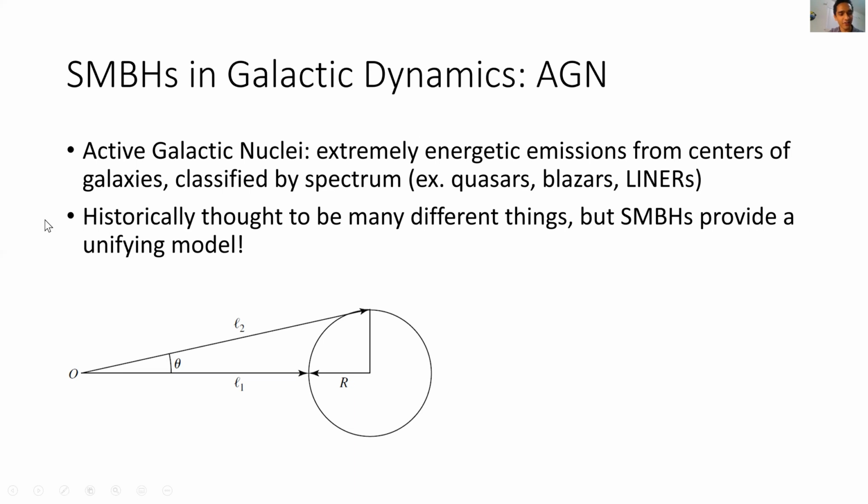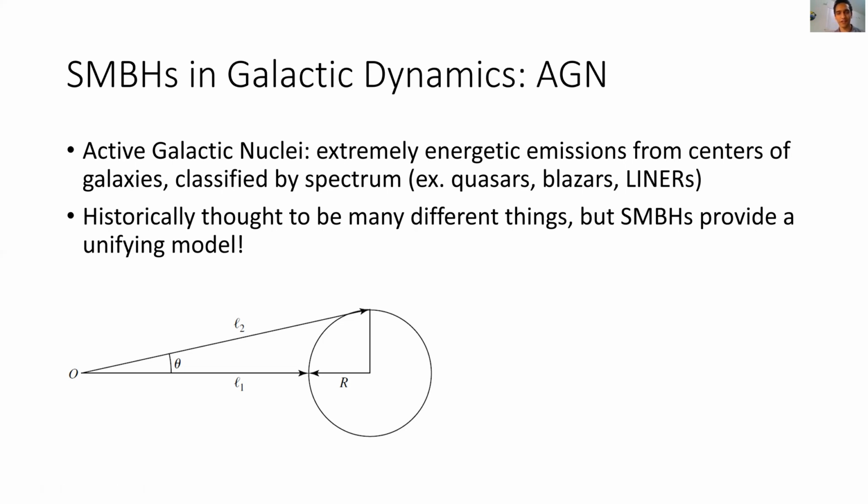We'll pretend to be the observer at point O, and then we're going to be looking at the hypothetical object that's doing all of this energetic emission. That object is centered at the center of that other circle on the right-hand side, and that object has radius r. One thing that we can observe about that object is the timescale associated with the brightness changes.